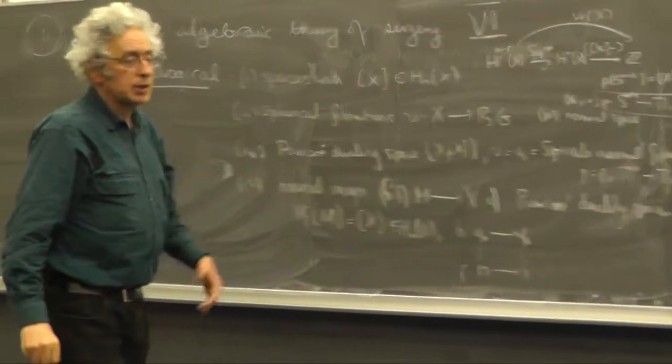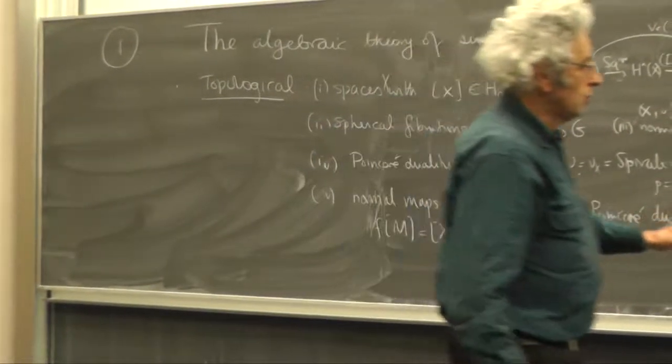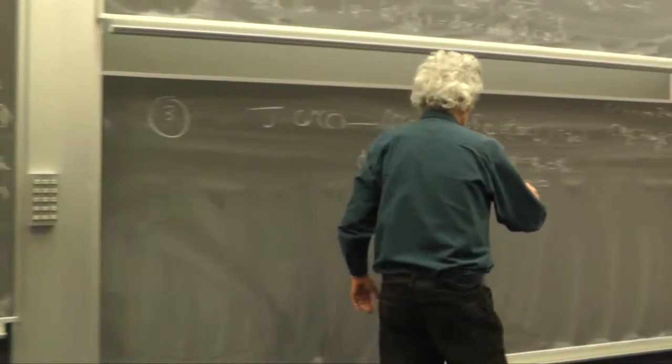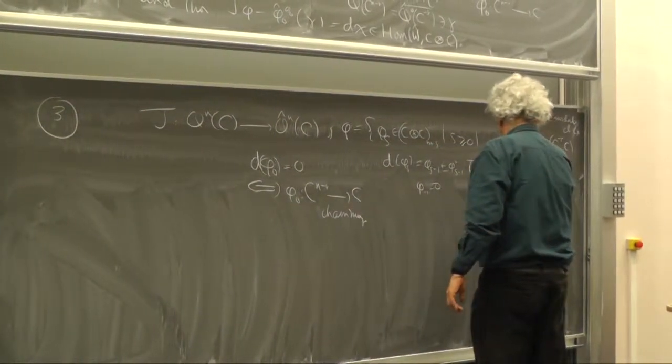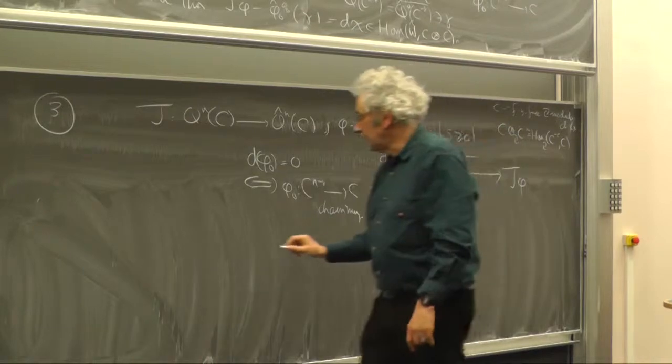So the chain complex looks like that. Okay, so what J looks exactly the same.